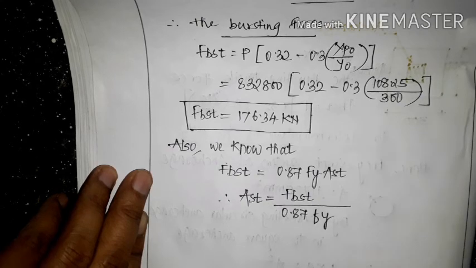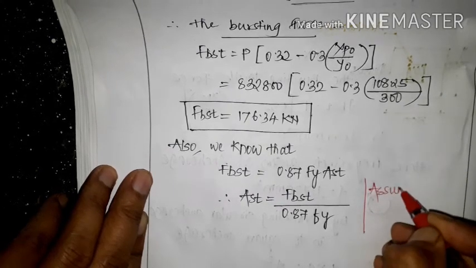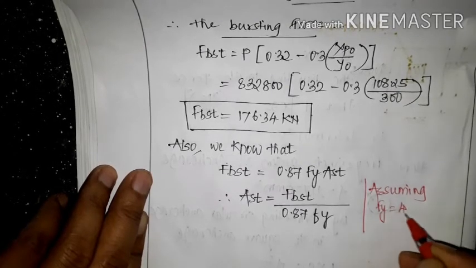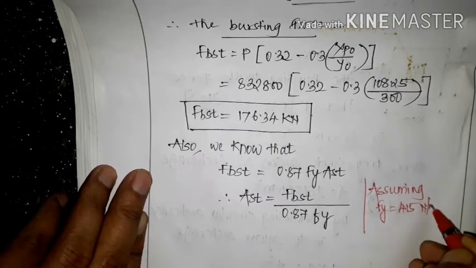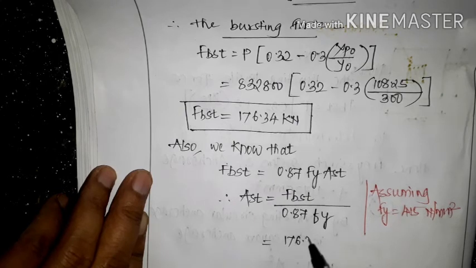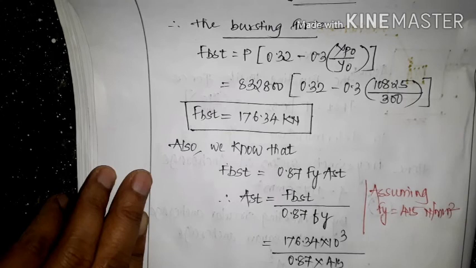Okay, 0.87 Fy. Assuming Fy is equal to 415 Newton per mm square, therefore FB is equal to 176.34 into 10⁻³ divided by 0.87 into Fy, which is 415.